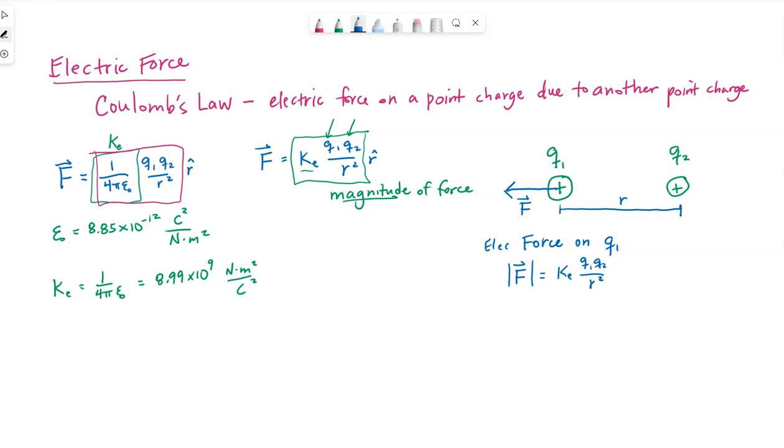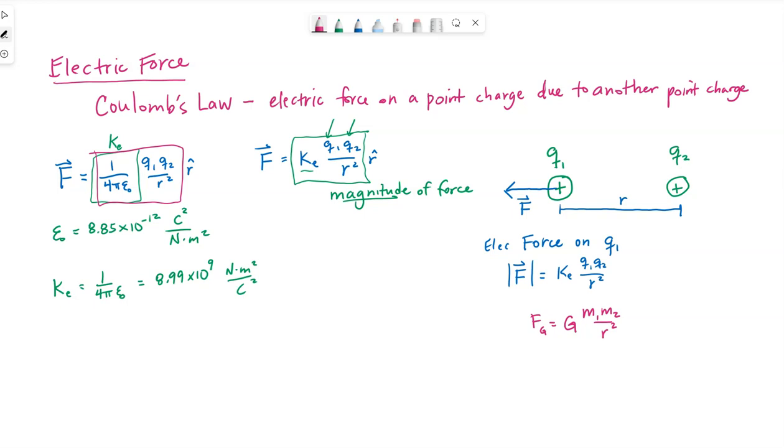So the amount of charge that both charges have determines the force, but the distance between them is also a factor in determining the force. You might find this equation somewhat similar when we talked about the universal law of gravitation, the force of gravity. It was a constant times the mass of the two objects involved in the gravitational attraction divided by that distance squared.